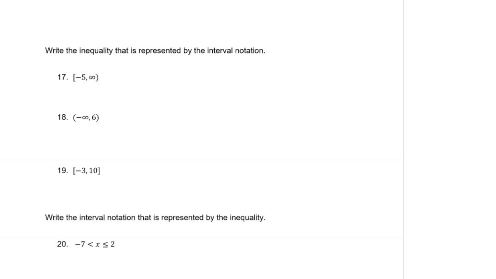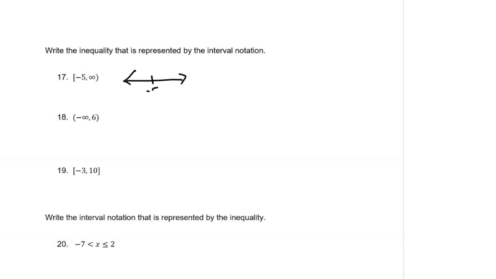Okay, for these next three problems, my directions say write the inequality that is represented by the interval notation. So problem 17, I'm going from -5 to infinity. It may help to make a quick graph of this first. I don't need to get too detailed here.